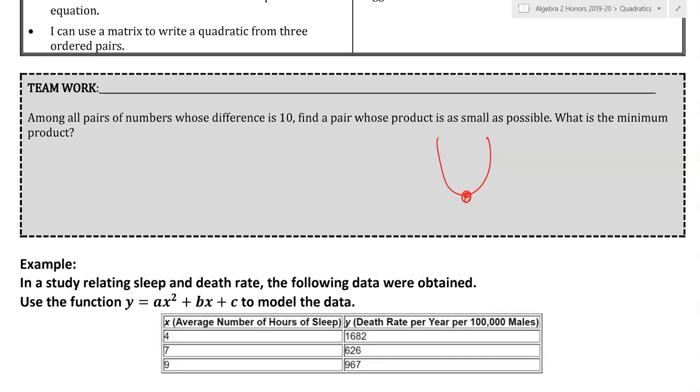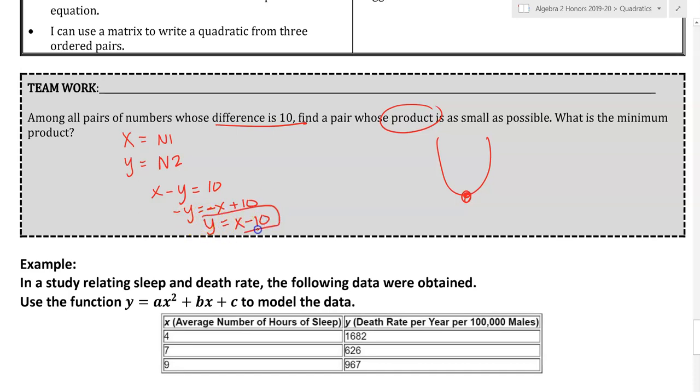Do this real quick. So if you let x be number 1 and y be number 2, it says their difference is 10. So x minus y equals 10. And you want the product to be as small as possible. Product means multiply. So if we want both numbers in terms of x, we would solve this for y. So we would subtract x. We would divide by -1.